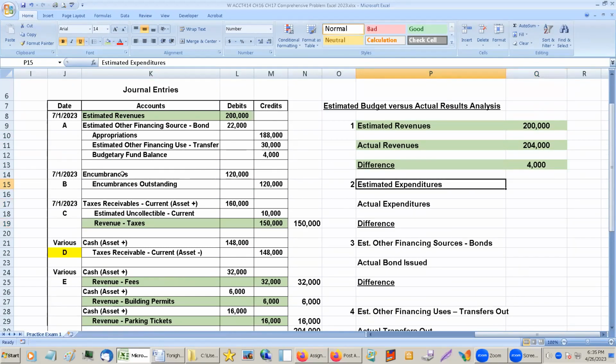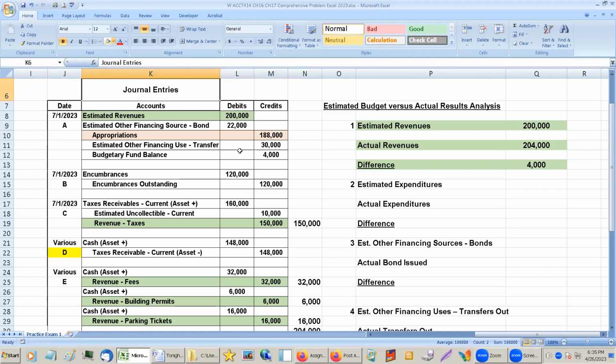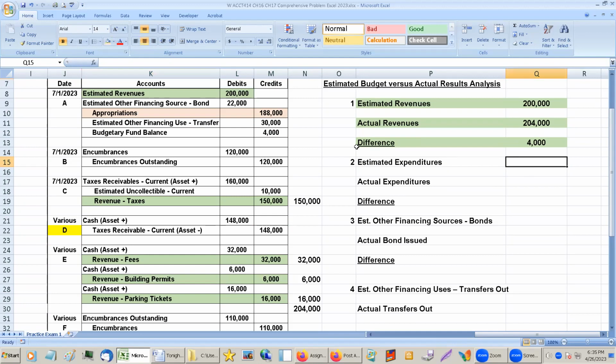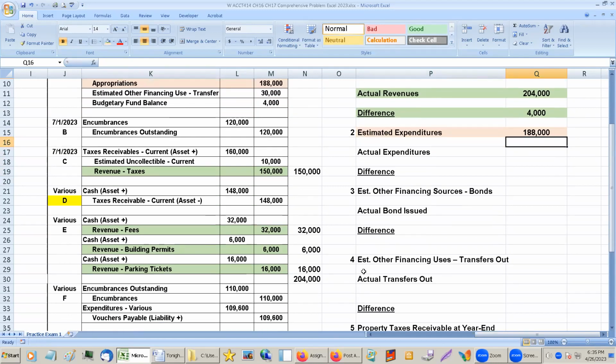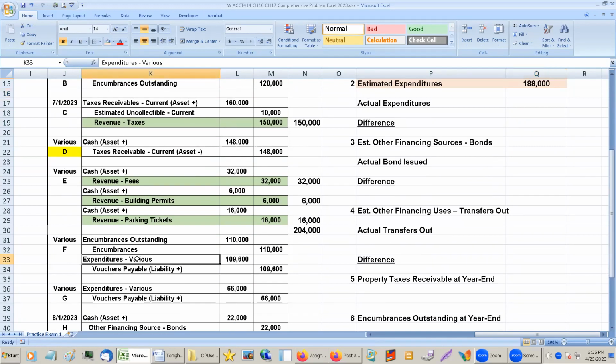Okay, estimated expenditures. Now remember, those are the appropriations. Let's make those that color. Okay, so the estimated expenditures were $188,000. And we need to find the expenditures.